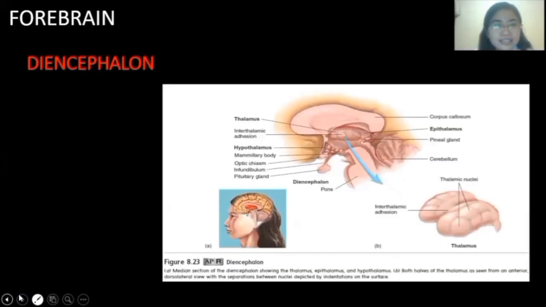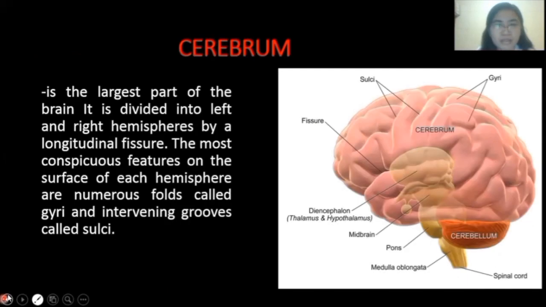So the last division is the forebrain. Under this is the diencephalon. The diencephalon is the part of the brain between the brainstem and the cerebrum. Its main components are the thalamus, the epithalamus, and the hypothalamus.